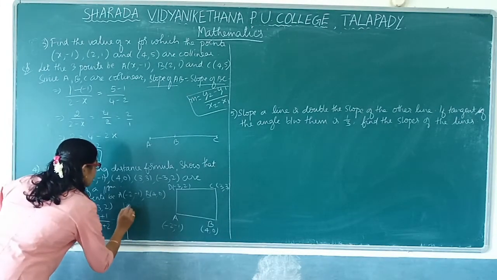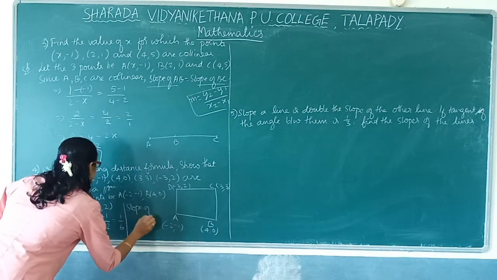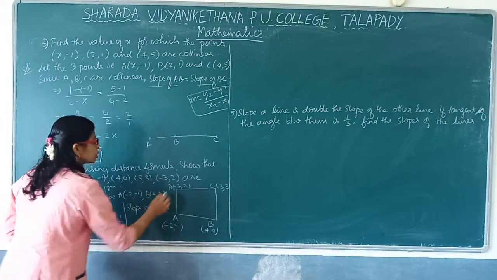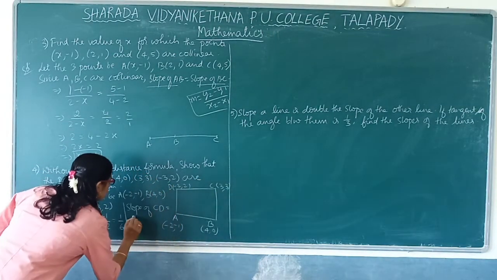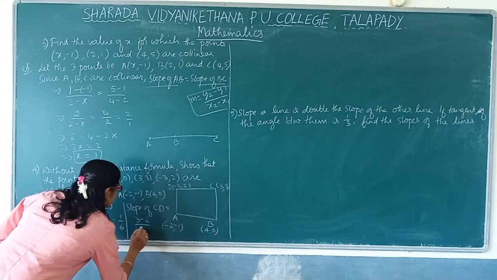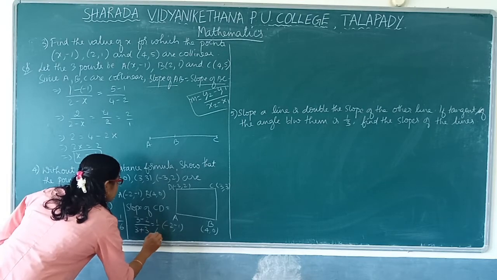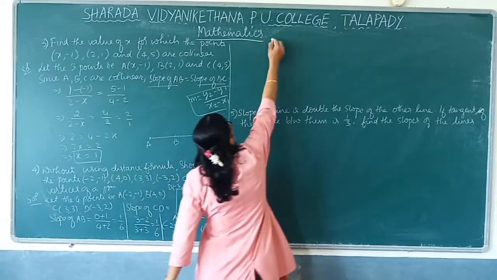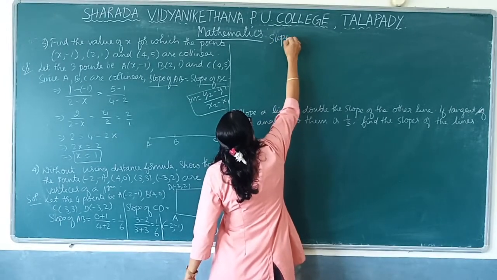Slope of AB is over. What is slope of CD? Slope of CD is equal to 3 minus 2 divided by 3 minus minus 3, 3 plus 3. Again 1 by 6. So what do you observe? Slope of AB is equal to slope of CD.